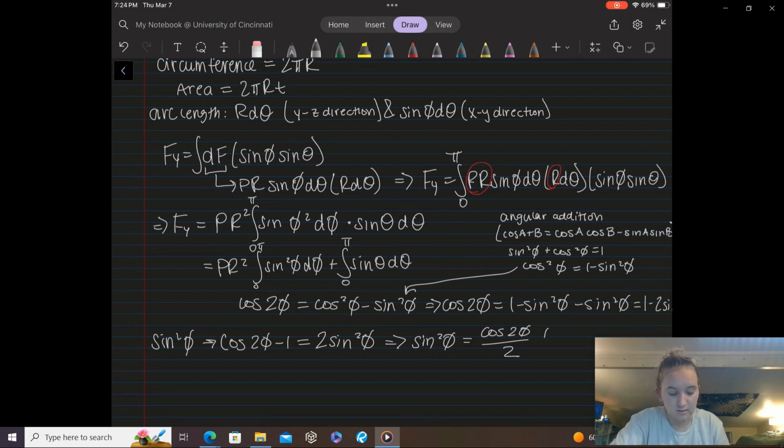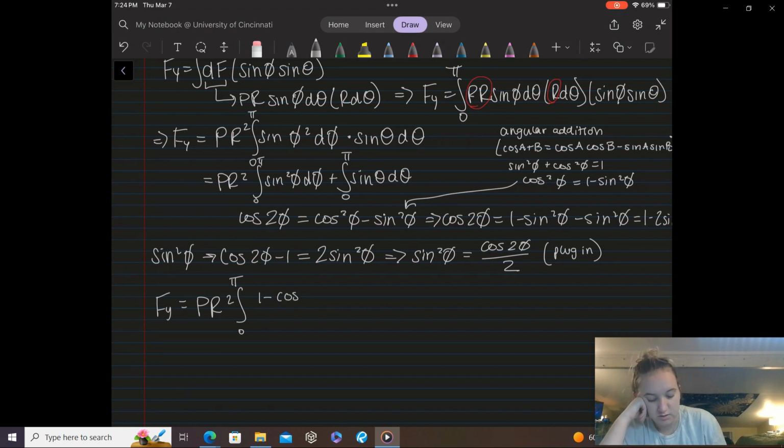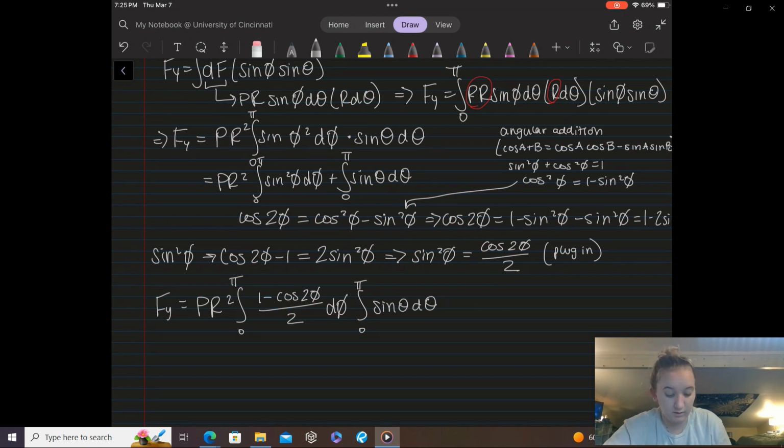And then plugging all of this into our expression, we would get Fy equals PR squared times the integral from 0 to pi of 1 minus cosine 2 phi over 2 d phi times the integral 0 to pi of sine theta d theta. And then to solve the phi part of this, we would use u substitution.